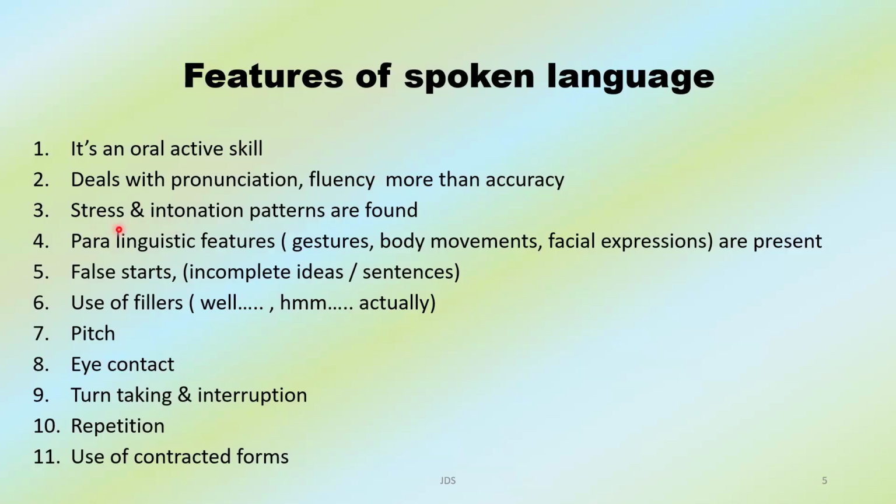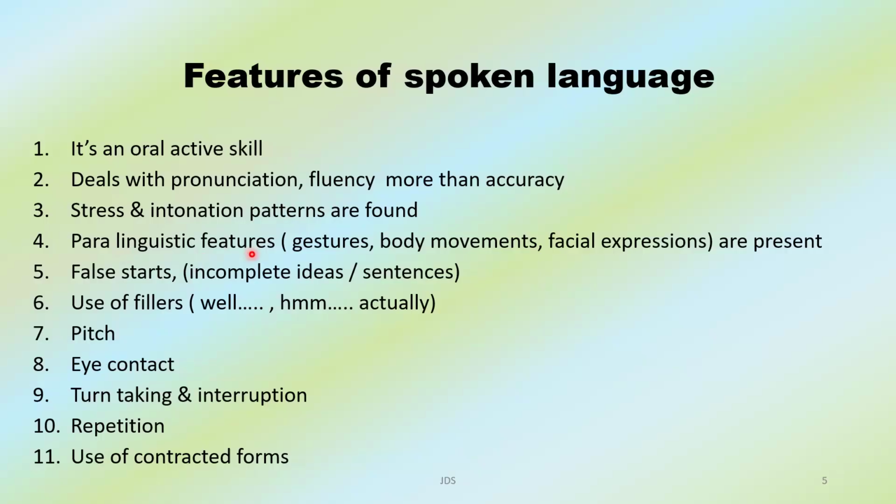Spoken language is always connected to the suprasegmental features of language. It can be emphasis or stress, intonation, tone, rhythm, and so many other suprasegmental features. Pause, pitch, all those get involved when it comes to spoken language.